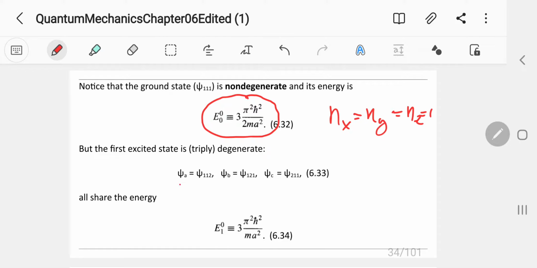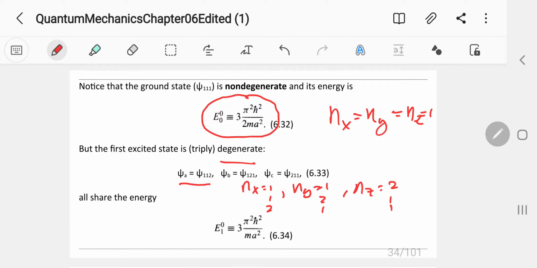This means that there are three wave functions that share the same energy. So first you have phi 1, 1, 2, where here nx is equal to 1, ny is equal to 1, and nz is equal to 2. And for the second wave function, you have nx equal to 1, ny equal to 2, and nz equal to 1. And for the third one, you have nx equal to 2, ny equal to 1, and nz equal to 1. So you have there three wave functions that share the same energy.